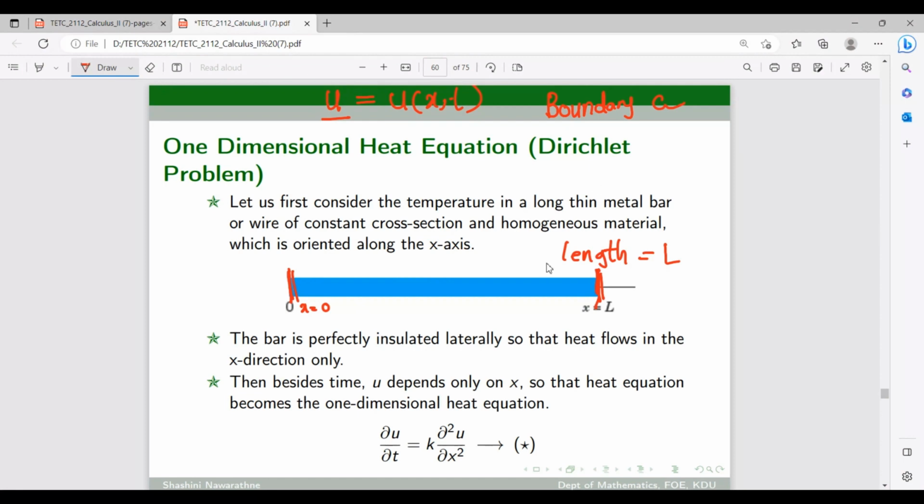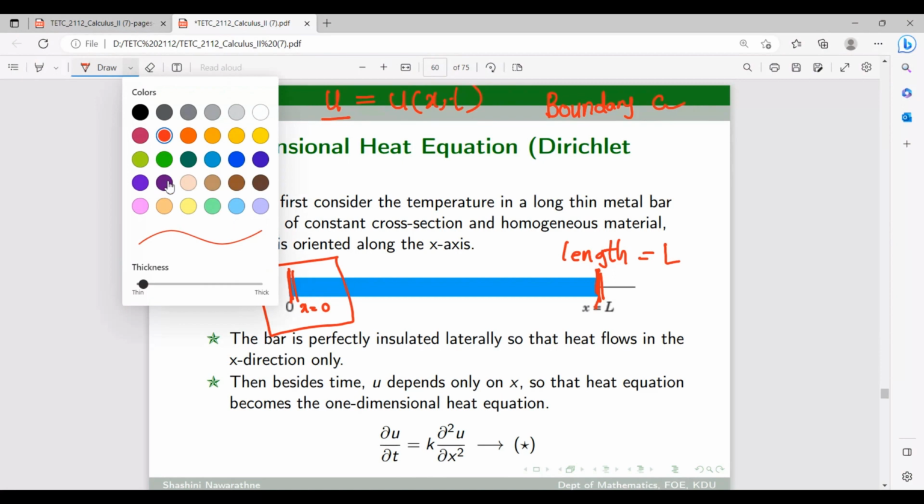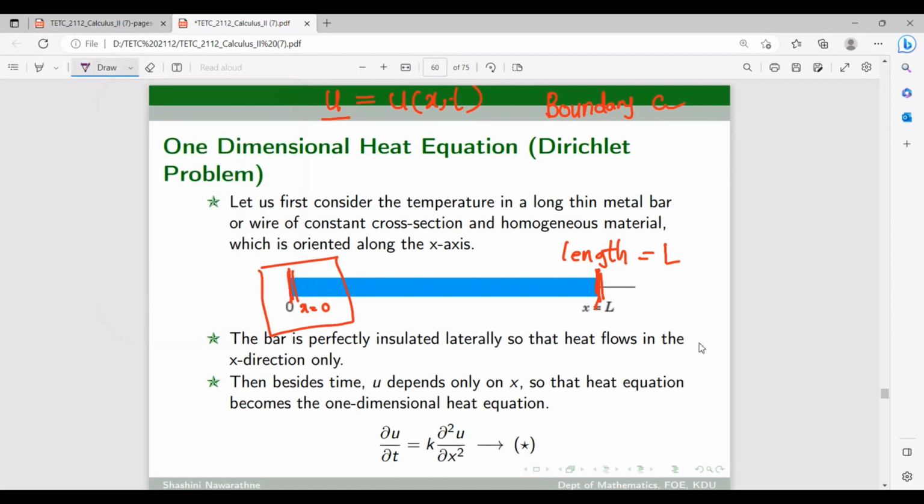So can anyone suggest how to write the boundary condition in terms of u? Let's consider this boundary first, the x equals 0 boundary. How do we write the respective boundary condition? Here we consider the temperature value at x equals 0 for every value of t. So this should be one boundary condition.